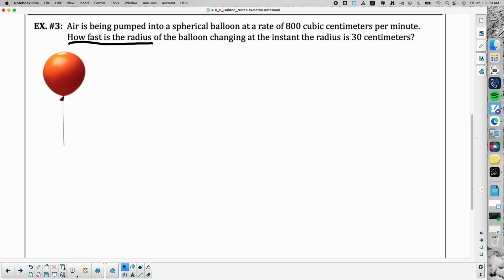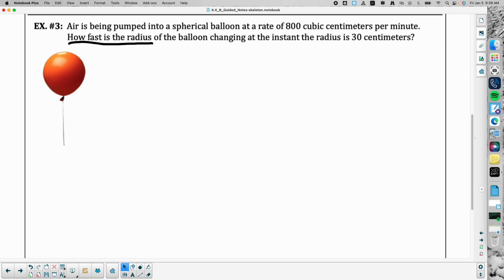How would we write that in calc notation? The derivative of the radius is 30 centimeters. True, not the question that was being asked. How do we write the derivative of the radius in calc notation? How are all of our derivatives written? D something, yeah.